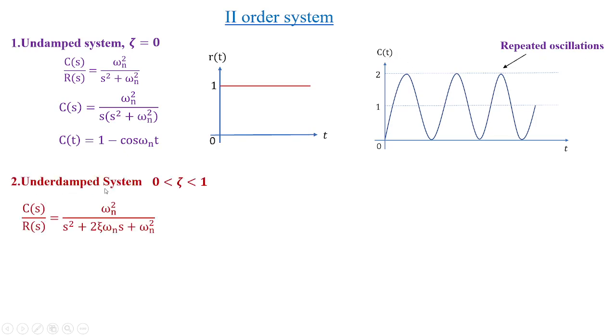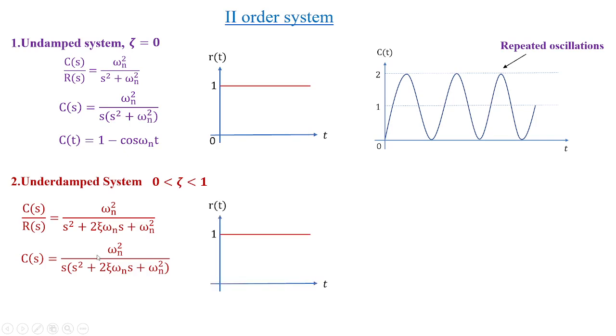Now what if we have the underdamped system where the value of zeta ranges from 0 to 1. For that we took the transfer function, then the C of s value with R of s equal to 1 by s, that is the unit step input, and for the same input we obtain C of t which is 1 minus e to the power of minus zeta omega nt by under root of 1 minus zeta square sine of omega d t plus theta.